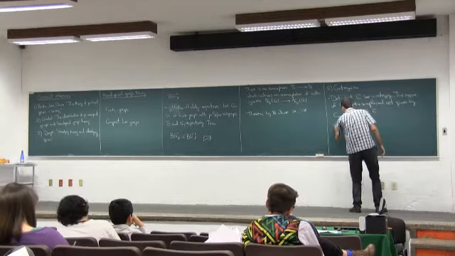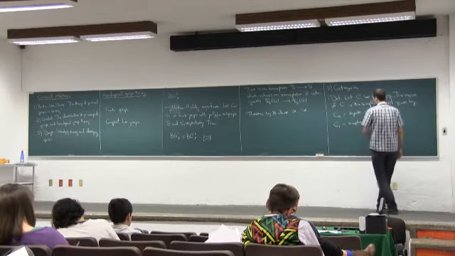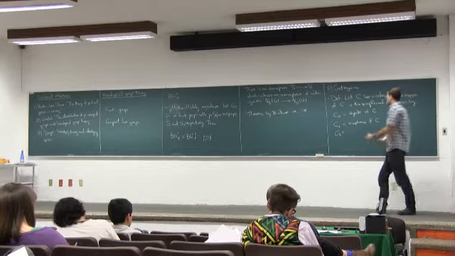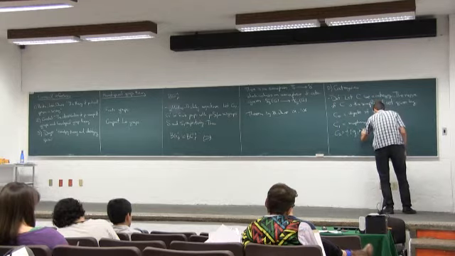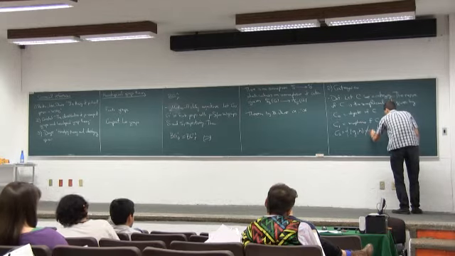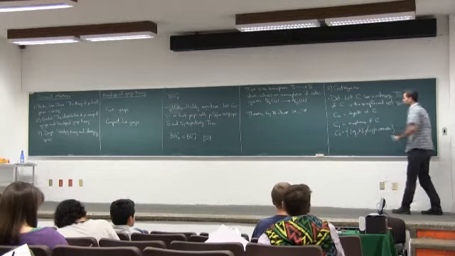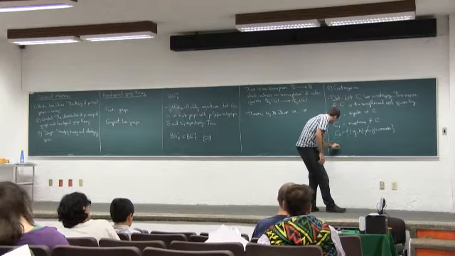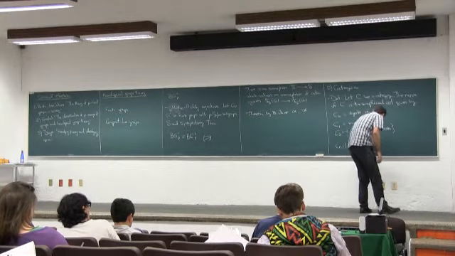C_1 is the set of morphisms. C_2 is the set of composable morphisms, so the set of morphisms (g, h) such that g∘h exists. Okay, and so on. So C_n is going to be the set of n-tuples of composable morphisms.